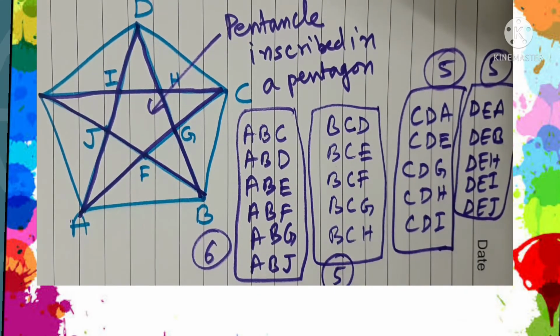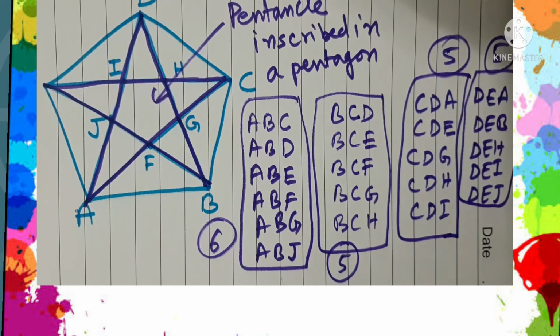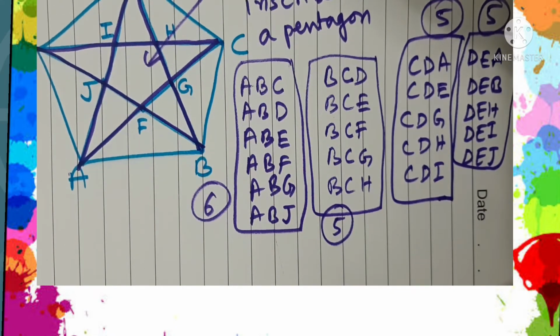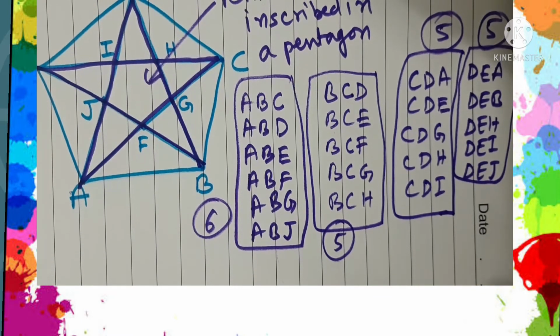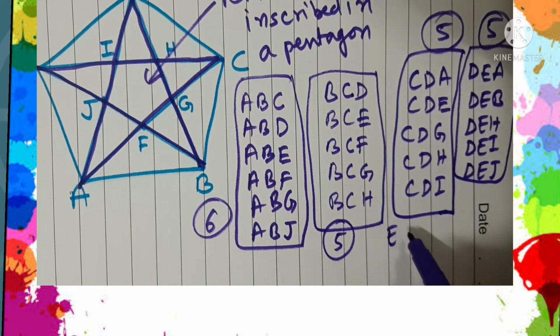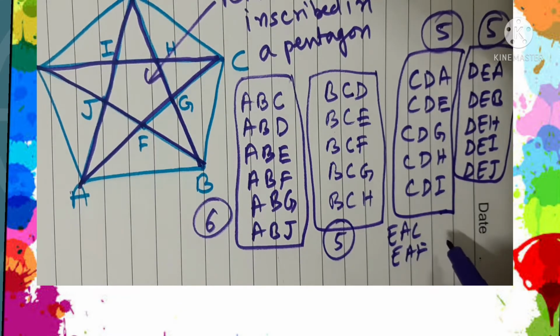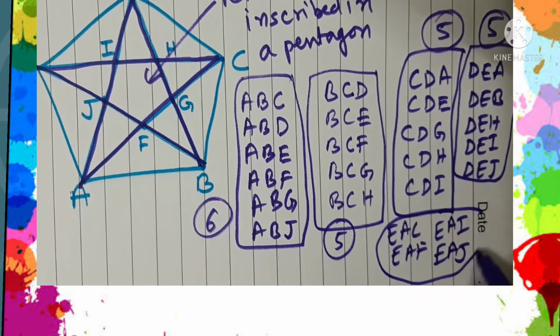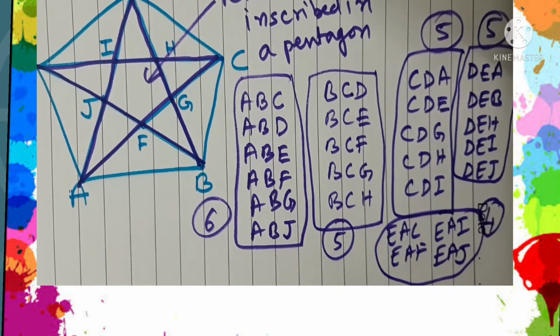Now begin with the side EA. With side EA we see EAC, EAF, then EAI, and EAJ. So interestingly there are 4 triangles.